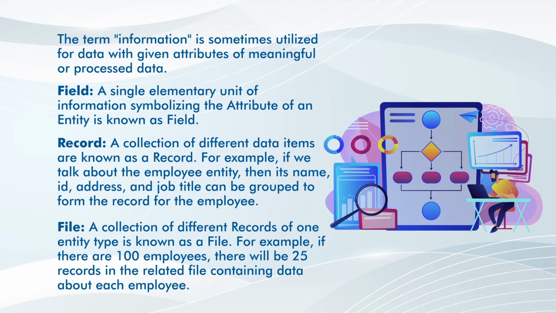So this is an example of entity and attributes. What is a file? A collection of different records of one entity type is known as a file. For example, if there are 100 employees, there will be 25 records in the related file containing data about each employee.